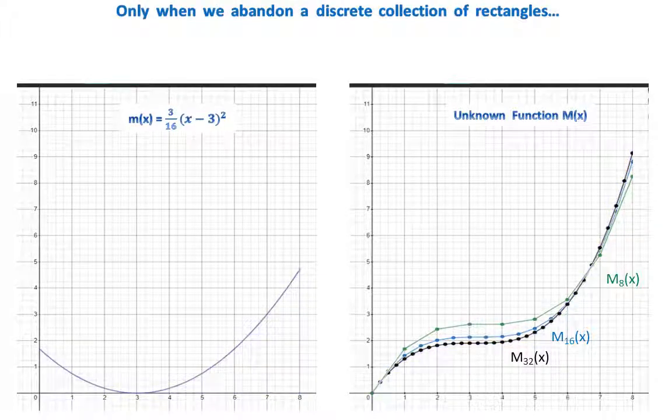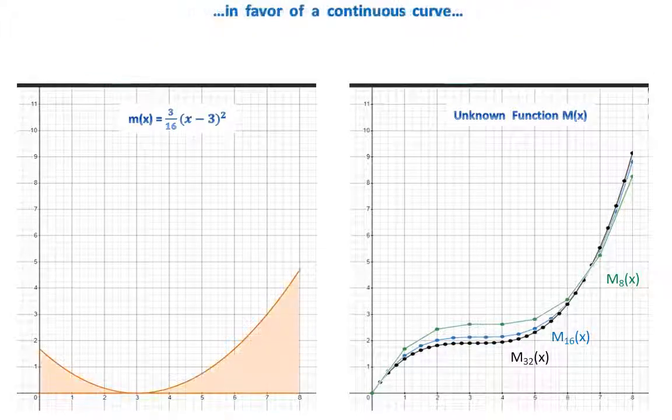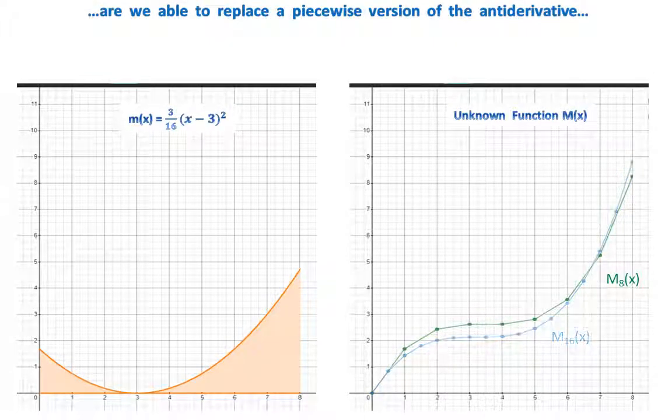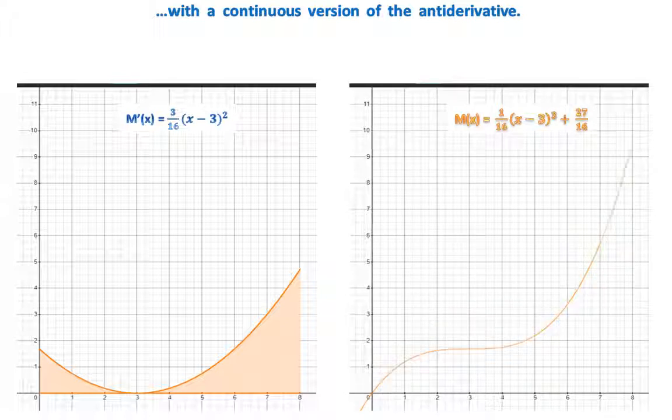Only when we abandon a discrete collection of rectangles in favor of a continuous curve are we able to replace a piecewise version of the antiderivative with a continuous version of the antiderivative.